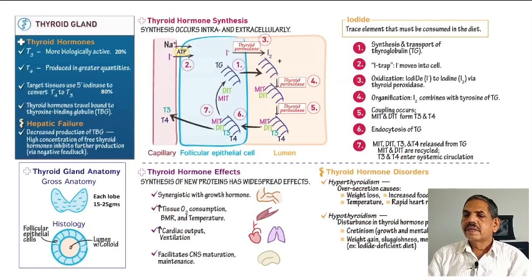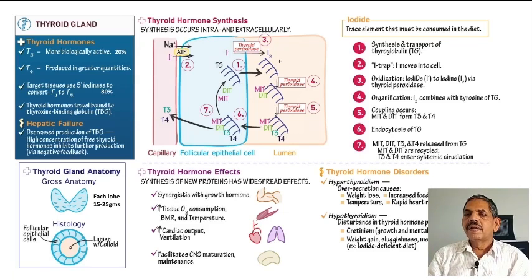This slide depicts the functions of the thyroid gland. Thyroid gland produces two functionally effective hormones, namely T3 and T4. In the gland, T3 is only 20%, but mainly constituted by T4, that is the way it is stored there in the thyroid gland.